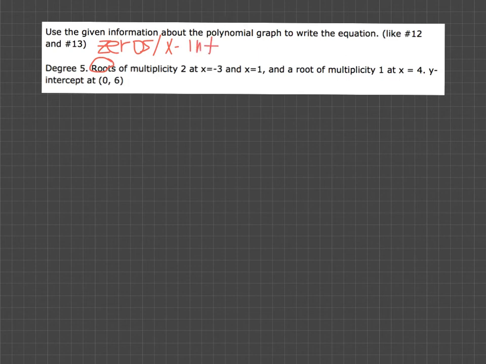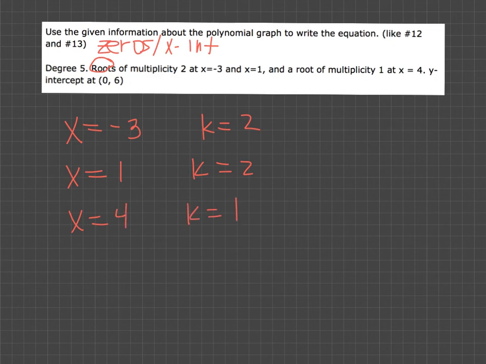First of all, of multiplicity 2 at x equal to -3. And x equals 1, which also has multiplicity of 2. And then also a root of multiplicity 1 at x equals 4.